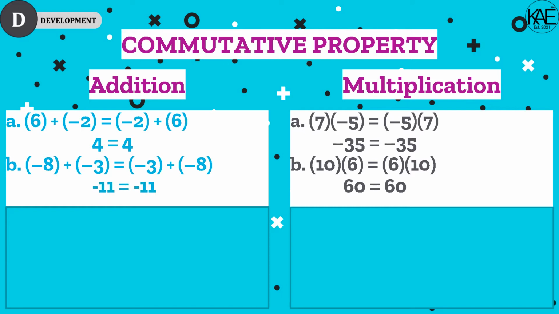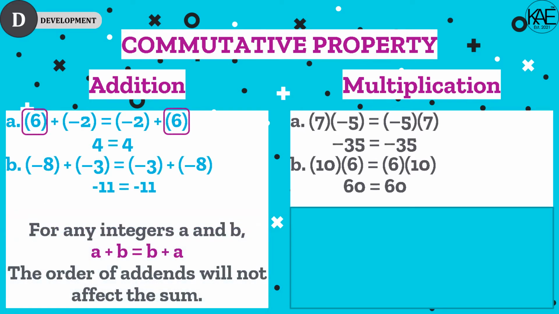Negative 11 is equal to negative 11. The commutative property of addition states that for any integers a and b, a plus b is also equal to b plus a. The order of the addends will not affect the sum.